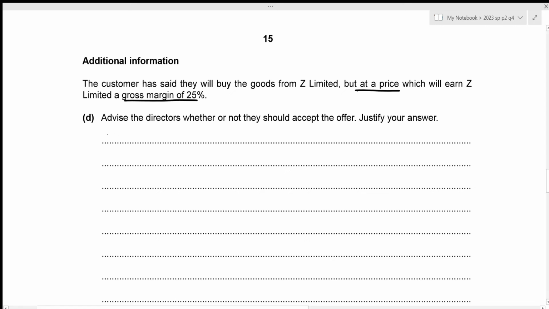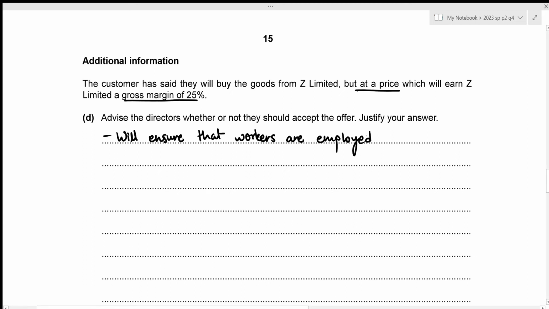Let's write it down. Will ensure that workers are employed. And we can also figure out the selling price and see if there is any sort of contribution made or not.